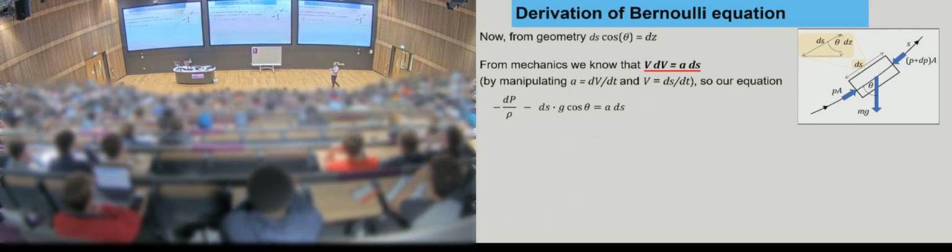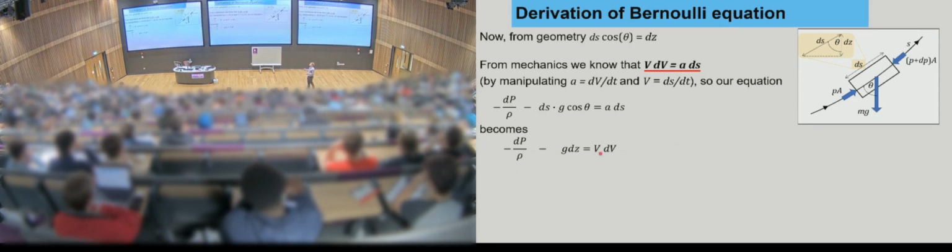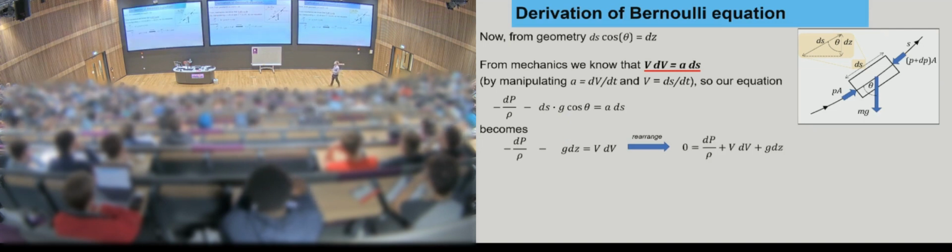So we can substitute those terms into our equation, and it becomes this nice, elegant, clean equation: minus dp upon rho minus g dz is equal to v dv. Those two terms are coming from those ones just there. We do a bit of rearranging and put everything on the right-hand side because then it looks neat and tidy.